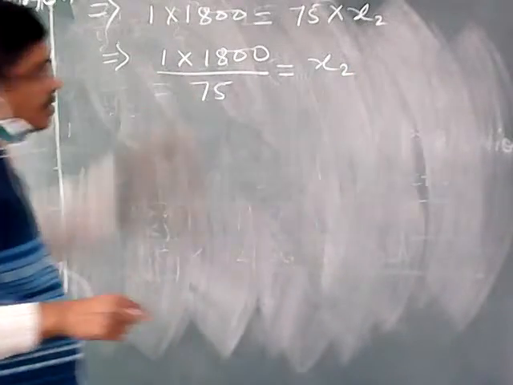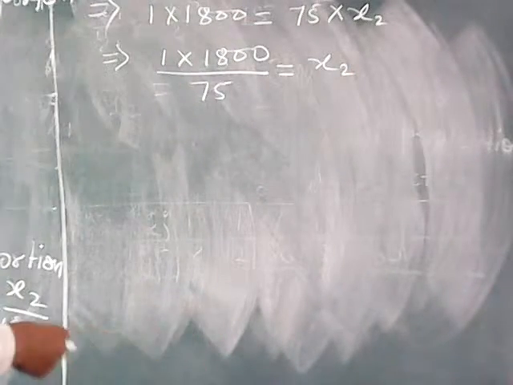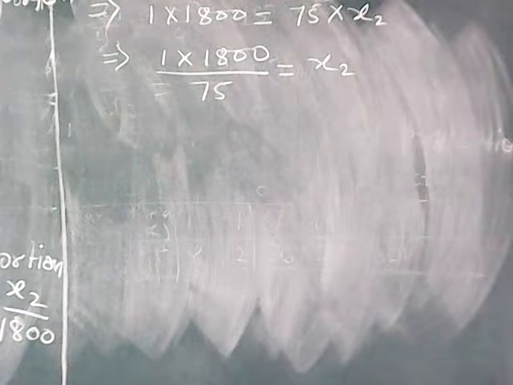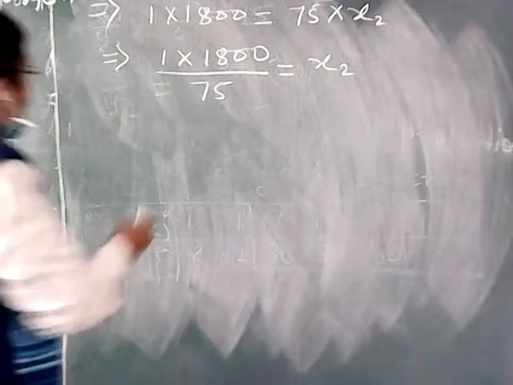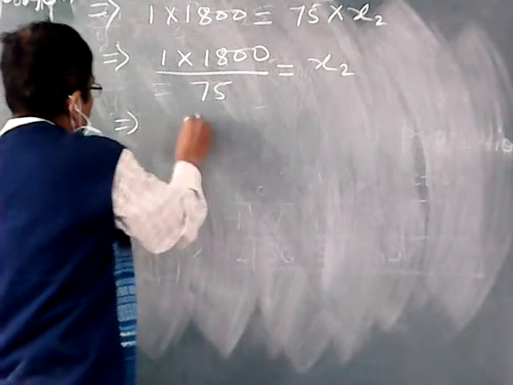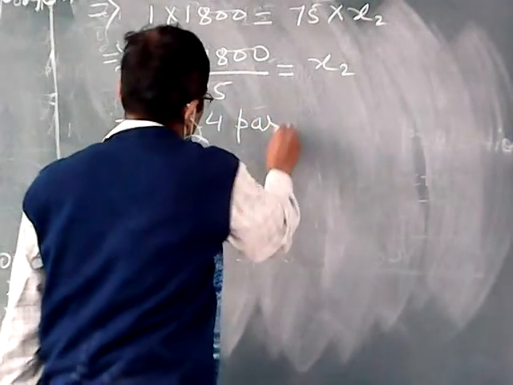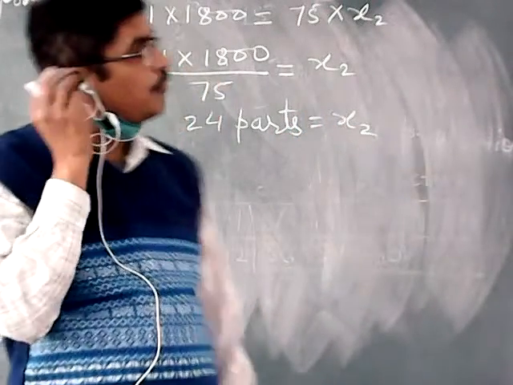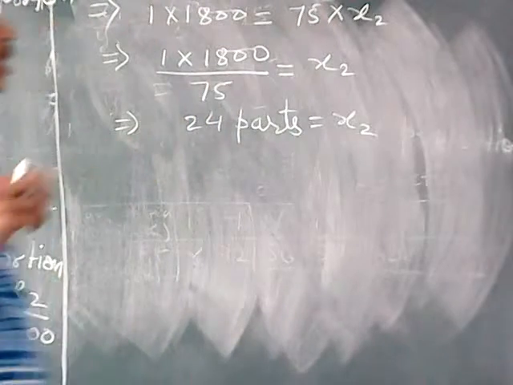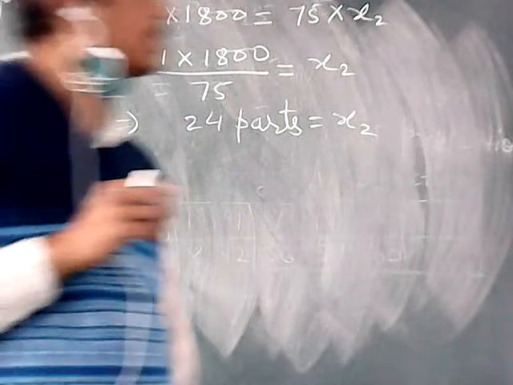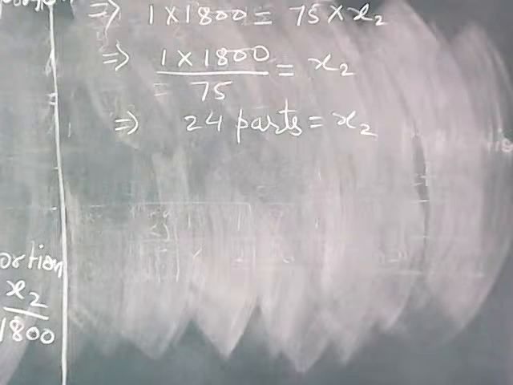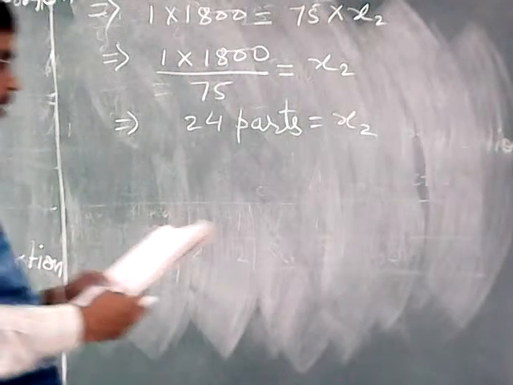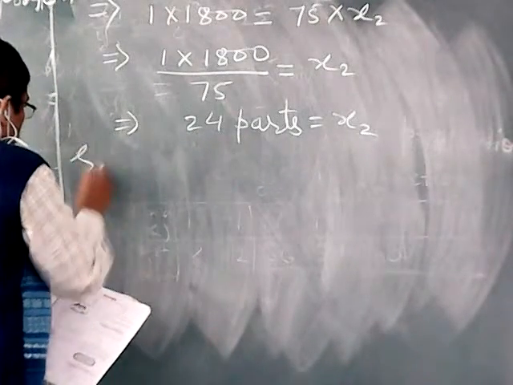So by calculating this, we will be able to find the value of x2. If you calculate, you will get 24 parts. So for 24 parts, the amount of base required is 1800 milliliters. This is question first.